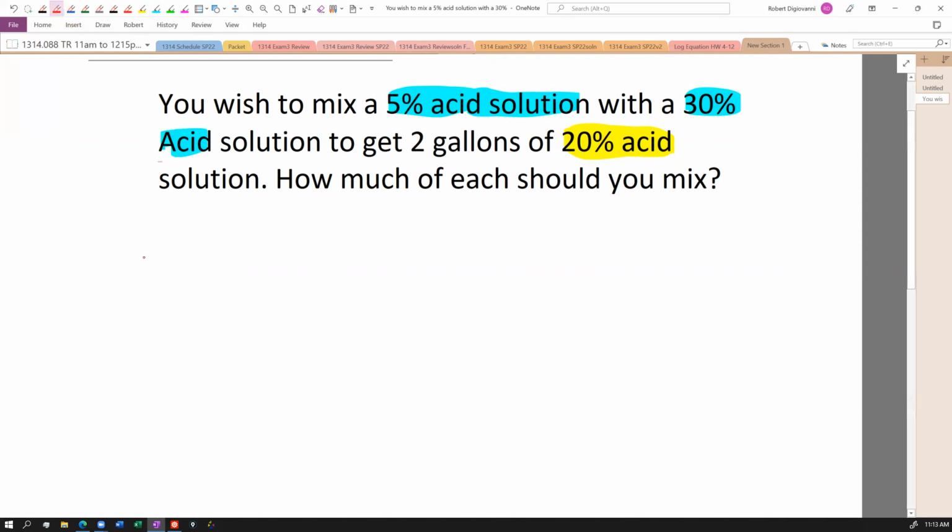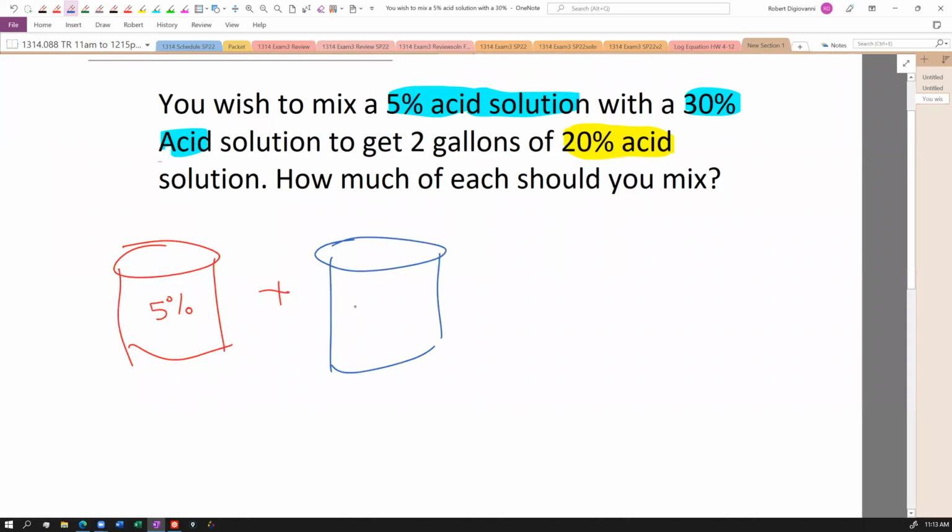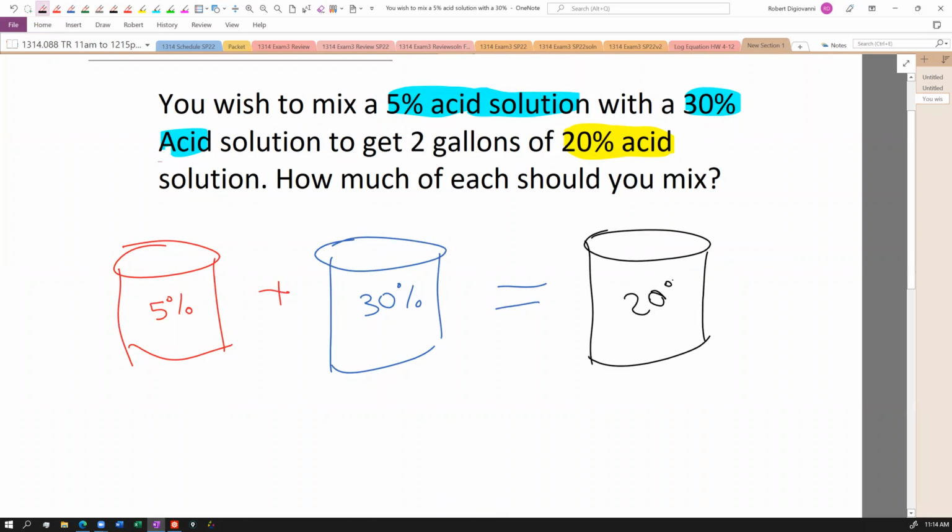So in a picture, this right here would be the container that has the 5% in it. We're going to mix it together with this other container that has the 30%, right? And at the end of it, what we want is a 20% mixture, but exactly 2 gallons, right?